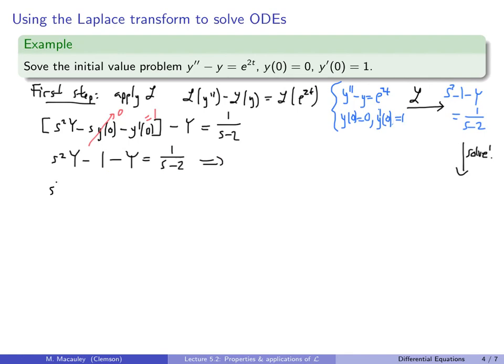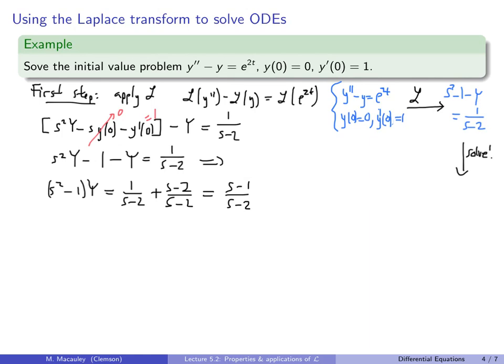We have s squared minus 1 times Y equals 1 over s minus 2, and then we have to add this 1, so plus 1. Instead of plus 1, I'm going to write plus s minus 2 over s minus 2, okay? And now I'm going to simplify this, add these fractions together, and I get s minus 1 over s minus 2. So now we can solve for Y.